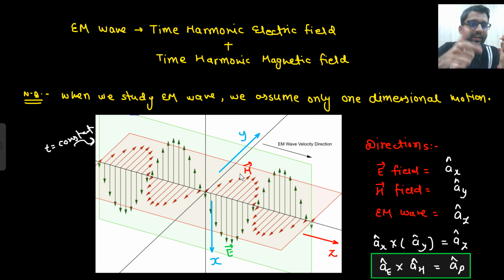There will be no component in z direction. Do you agree to this point? I will be using this point during the derivation, so at that time you should not have the doubt. There I will again explain that if it is working in z direction, then component could be in x or y. It can never be in z direction. Is that clear to you?